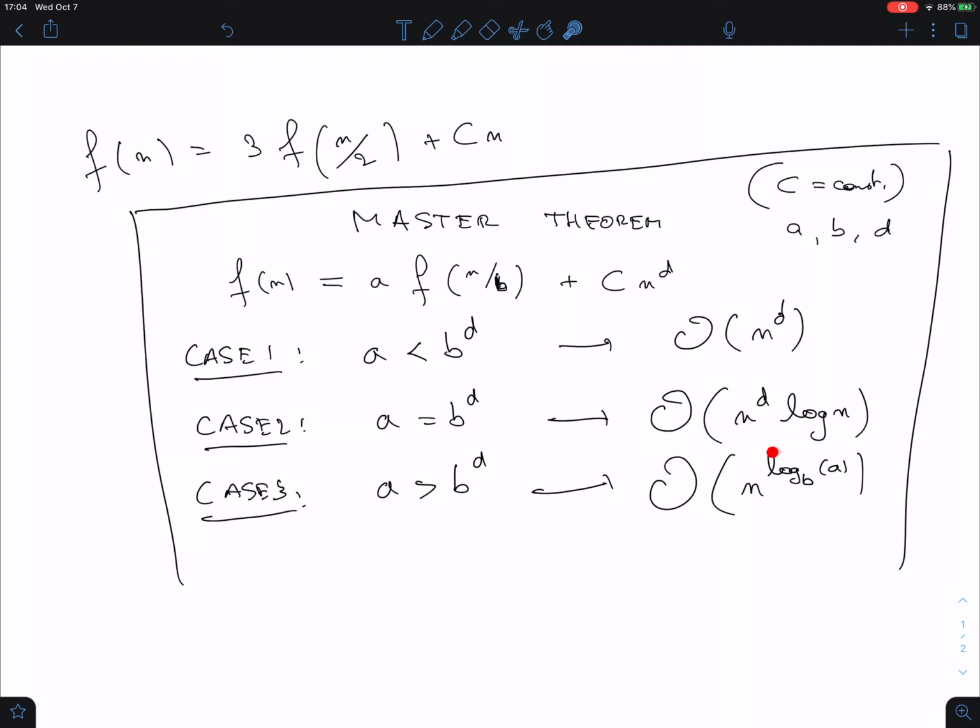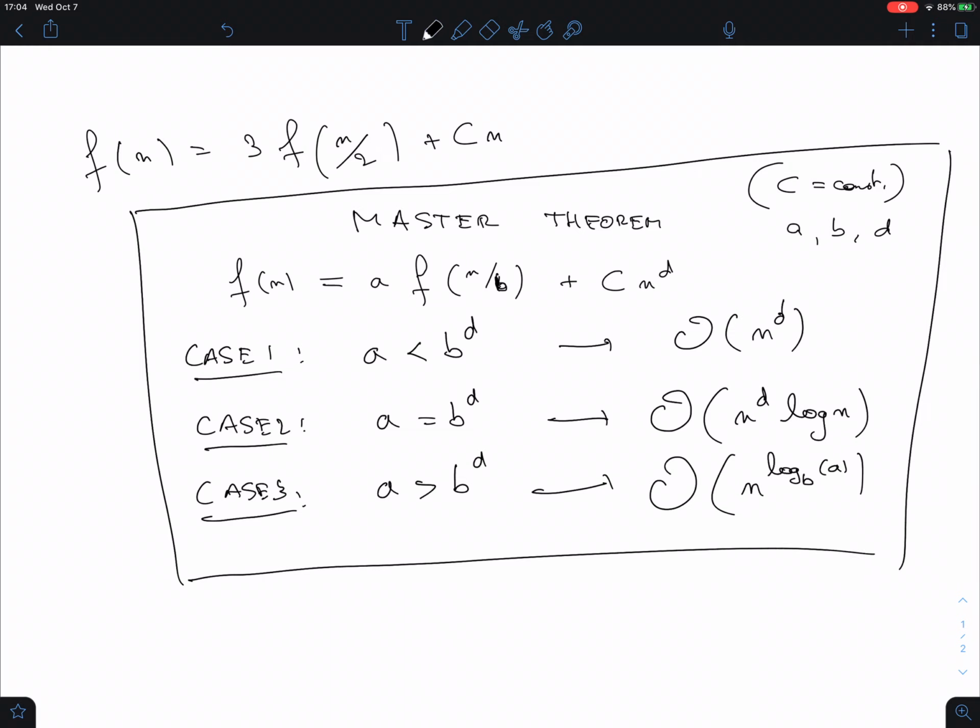This is a number that is calculated using a very specific logarithm, a certain base. So the complexity that I'm writing down is basically saying it's n to a certain power, and to calculate the power you need log base b. Okay, that's how it goes.